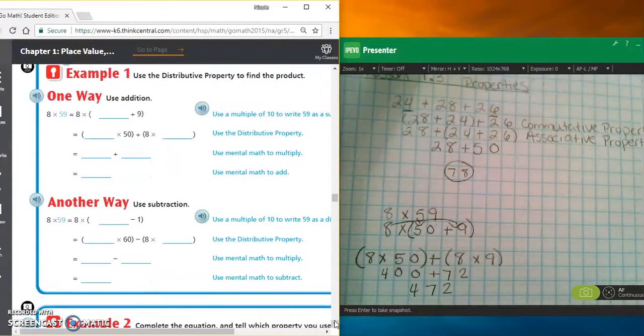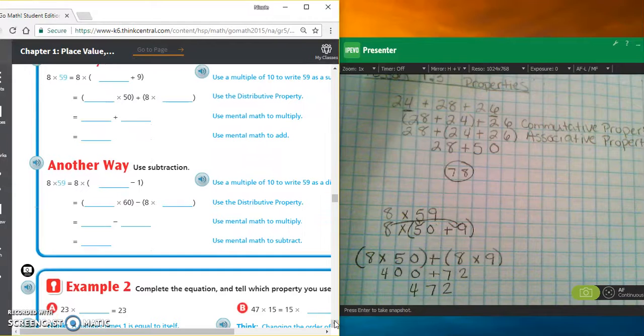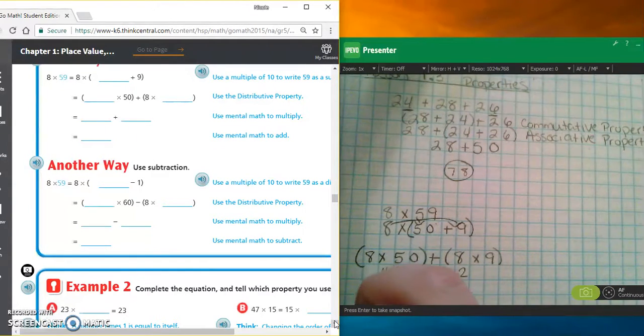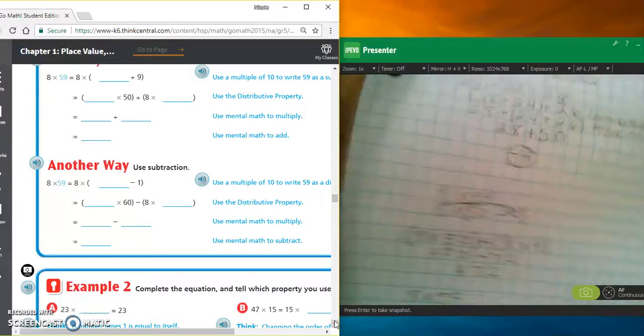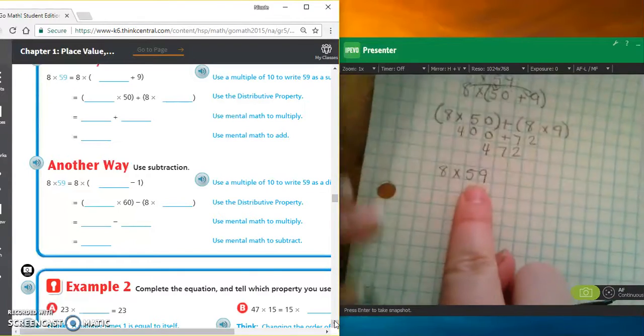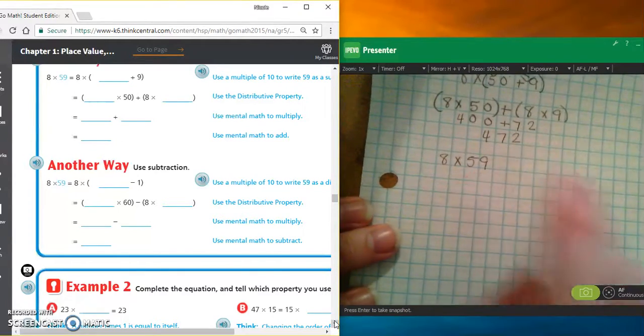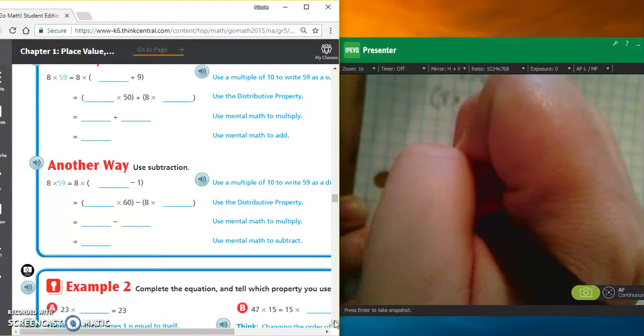The last way we can do this is by using subtraction. So we, again, have 8 times 59. But I know that 59 is close to 60. And it's 1 away.